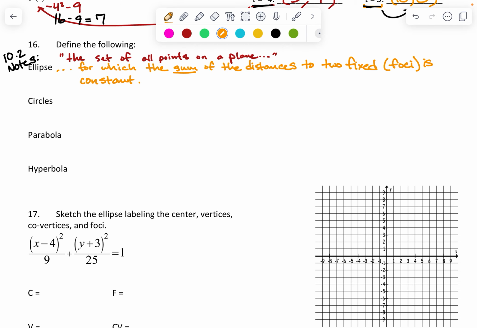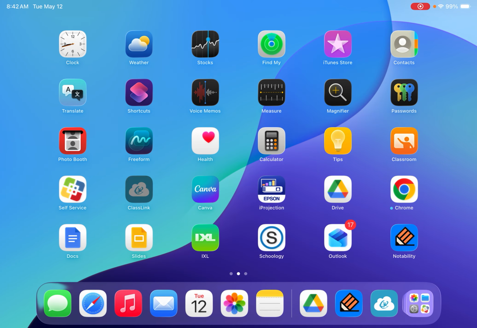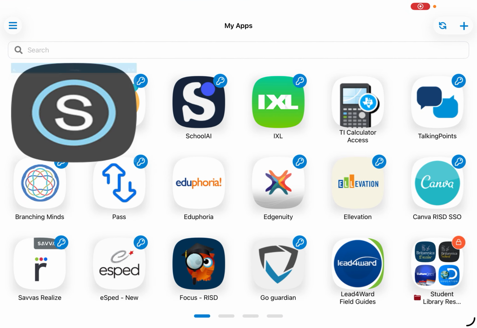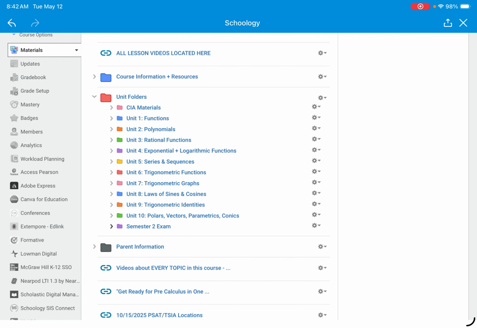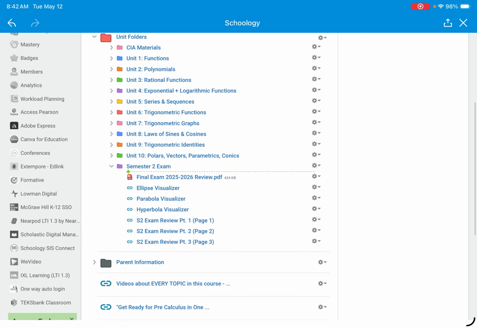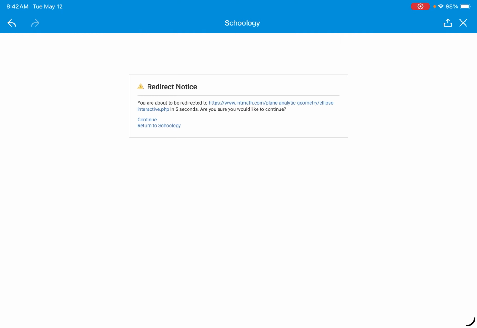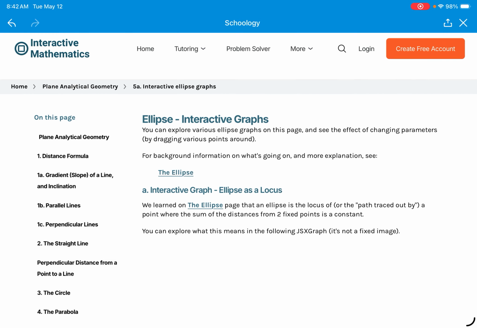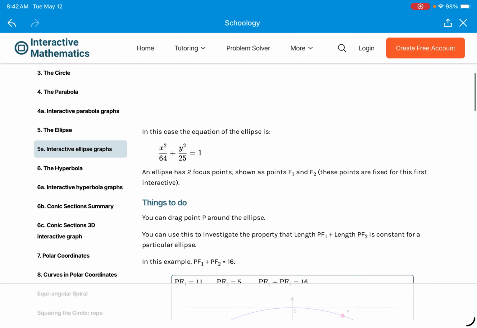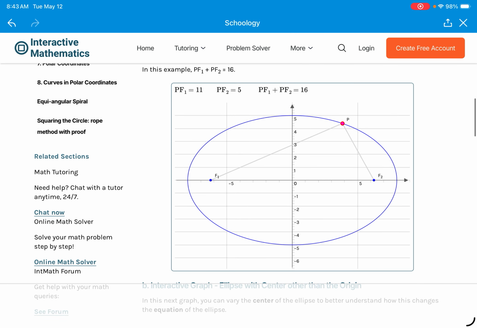In Schoology, I've included links for all of these visualizers. If you go to the Semester 2 exam folder, you'll see an ellipse visualizer, parabola, and hyperbola. If you're trying to make sense of what these definitions mean, on an ellipse, I can move this point, and these two lines, the one that goes to focus 1 and the one that goes to focus 2, their sum, if I add them together, is always a constant.